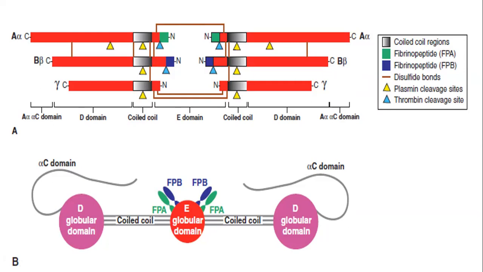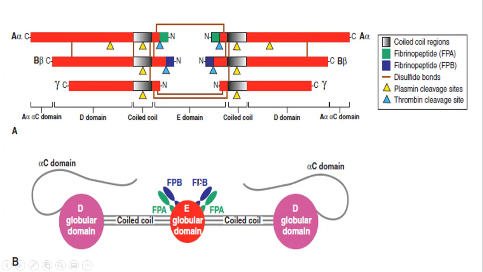The amino terminals, as you can see here, face each other while the carboxyl terminals face away from each other. If you can see here in the alpha or in the A and B region, you have these green and blue marks, otherwise known as your fibrinopeptides.